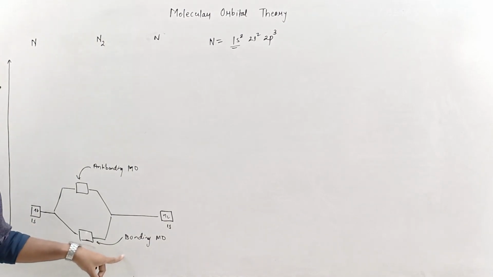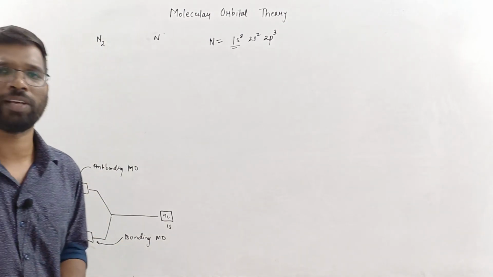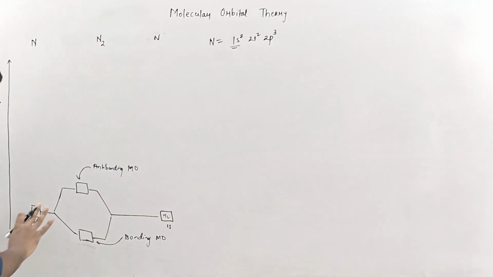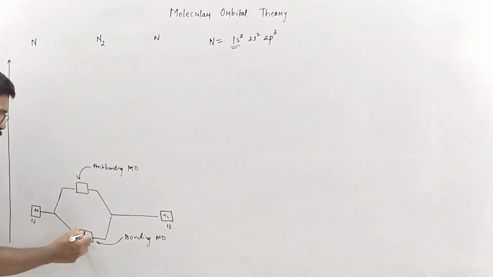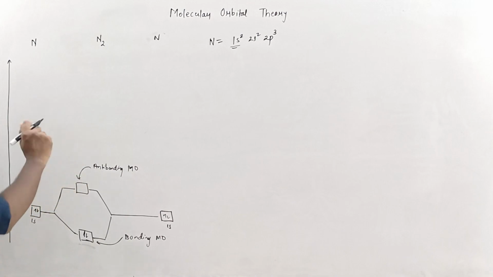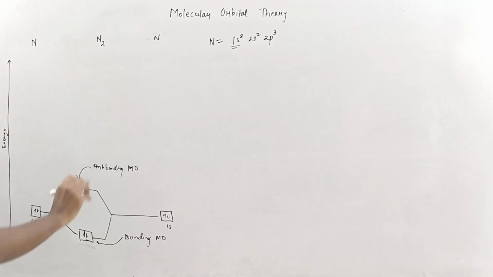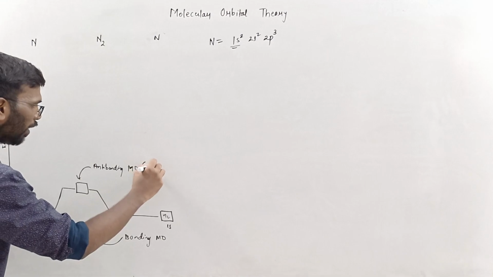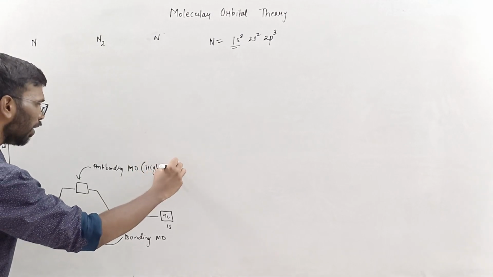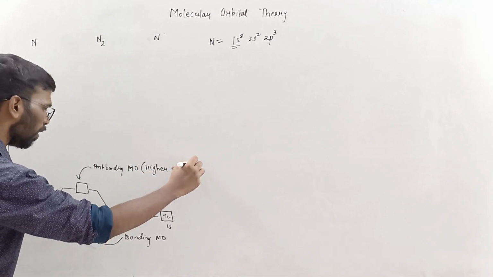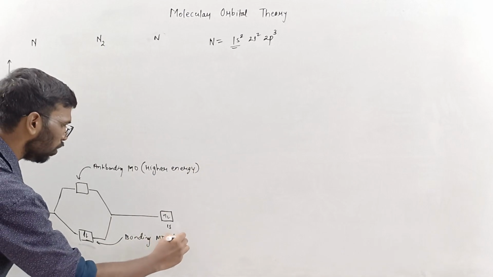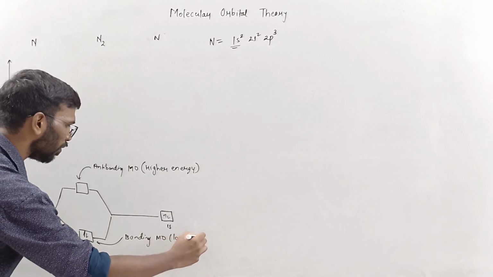The bonding molecular orbital is of lower energy. The anti-bonding molecular orbital is of higher energy. So there are a total of 4 electrons. The first electrons will go to the lower energy, and then to the higher energy. This is how the energy is increasing, right? So this is of higher energy. Anti-bonding is always of higher energy, and this is of lower energy.